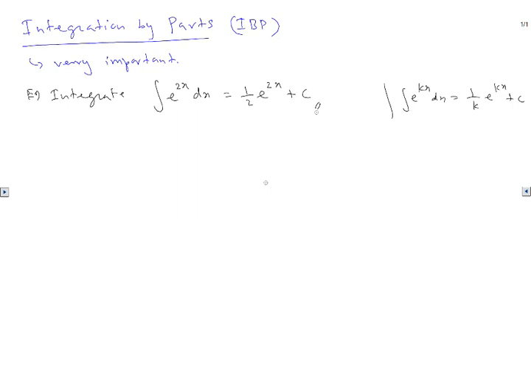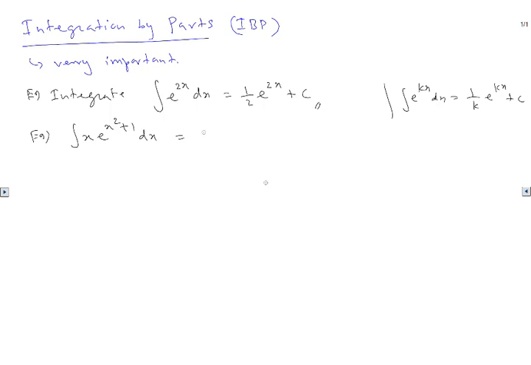Let's look at another problem. How about this one? Let's say integrate x e to the x squared plus 1 dx. What do you think? Can we do it? You can see from the four formulas that this is like e to a function and its derivative situation.